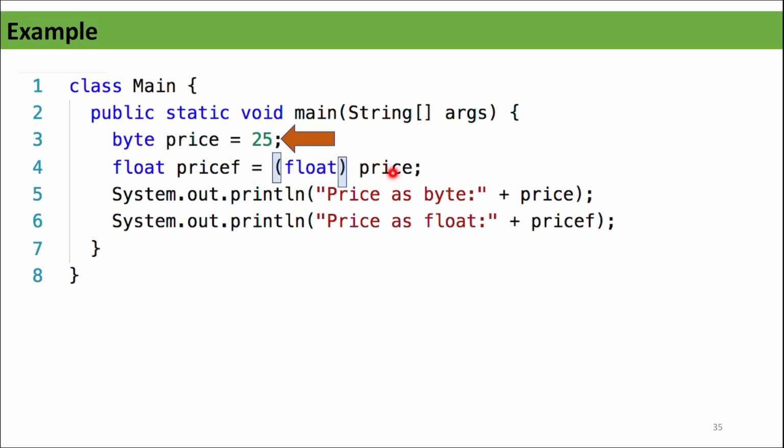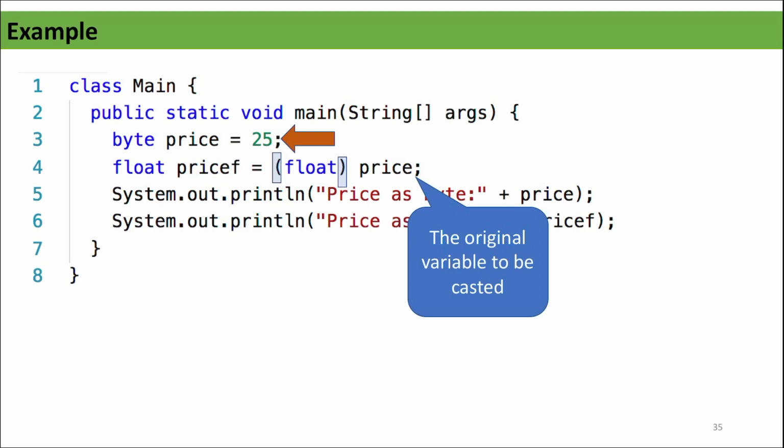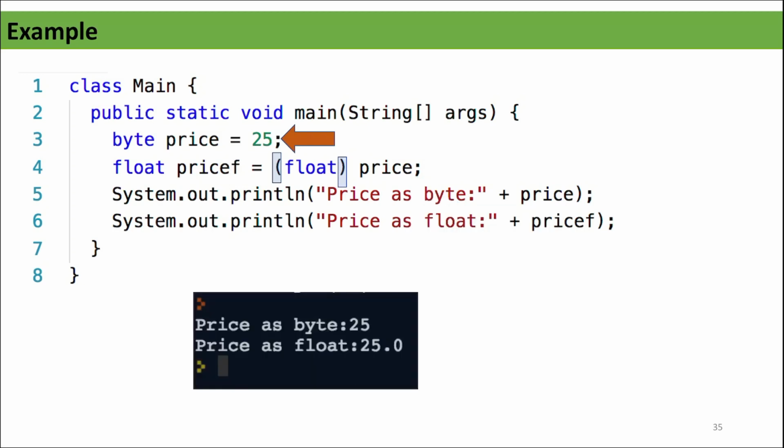So price, we know it is byte, but now using the two brackets and float before price, it will convert to float, and we store it into the float variable. And that's how we now have the data coming out in the printout as a float.